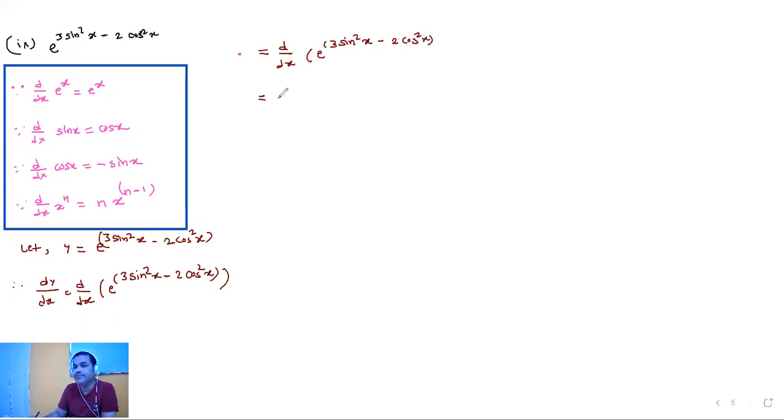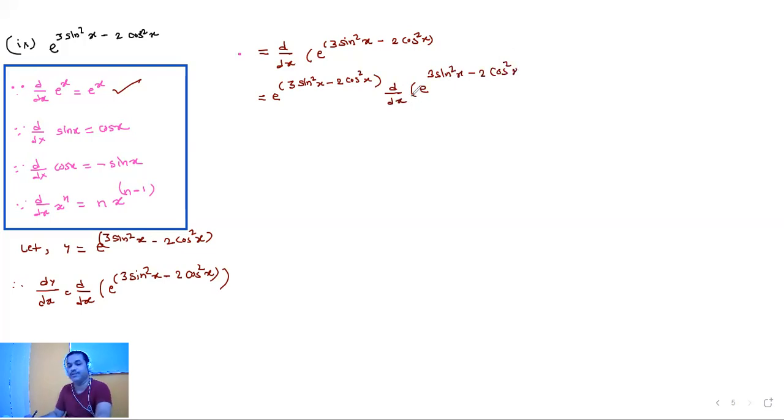So this will become, see, d by dx of e raised to x is e raised to x, where x is basically f of x. So we will further derive it, which means we'll take the derivative of this f of x function, as it is ultimately a composite function. So first of all, we write e raised to x as e raised to x.